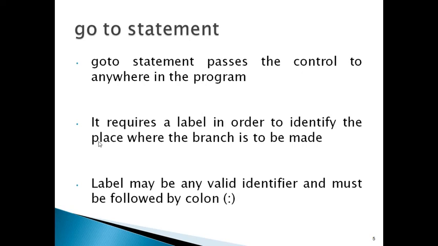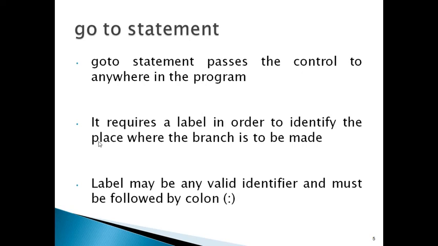In the same manner, here also we are giving the instruction to the computer, goto, and where to go, we must specify the address. For that address we use the label. By using this label, the compiler identifies that label location and the control passes to that particular label.